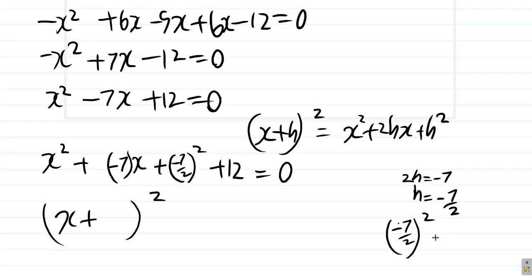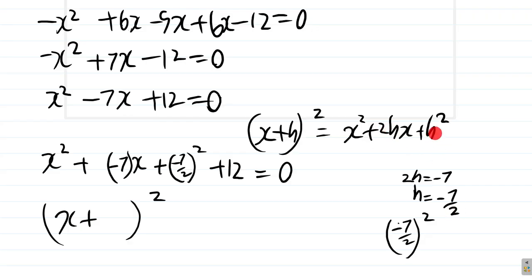We don't want to square it out and say 49 over 4. Right? We don't want to lose certain values like the negative sign and seeing exactly the h. We want to see what was squared. So we maintain the -7 over 2 and write it as -7 over 2 squared. Okay, now look at this. This x squared plus the 2hx, which is -7x, and we maintain the fraction. Note, we don't write it as -3.5, we maintain the fraction -7 over 2.